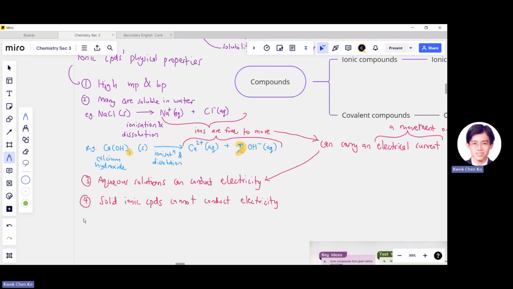How about this one? Xing, what does the word molten mean? Must know. Dylan, molten? Yes, good. It's melted, meaning it's in liquid state.